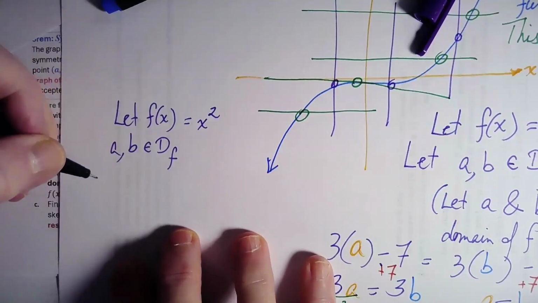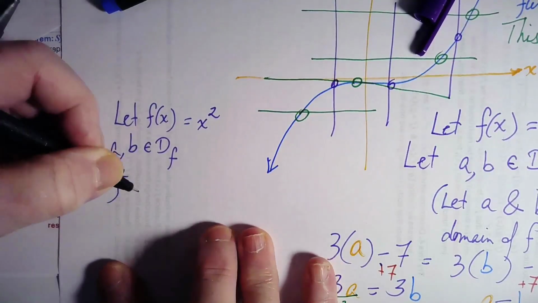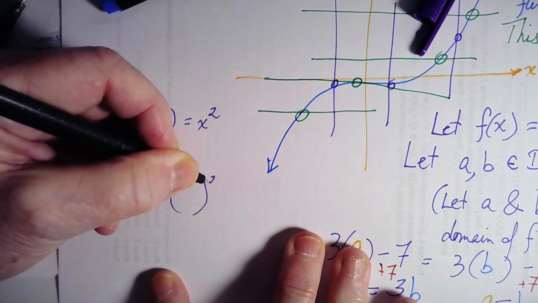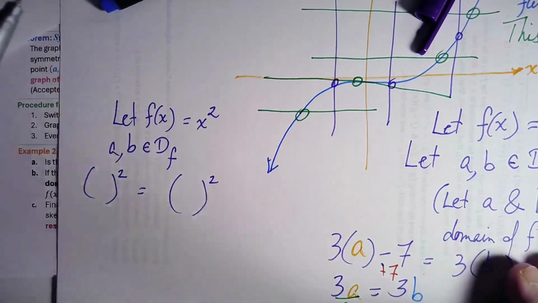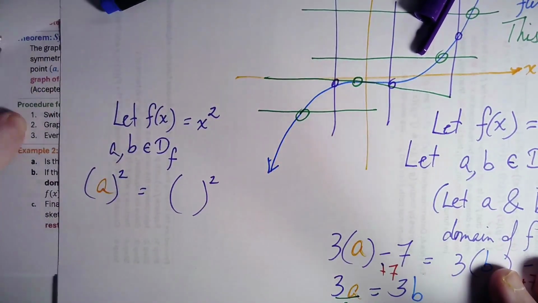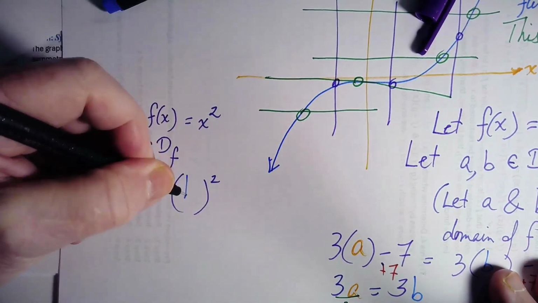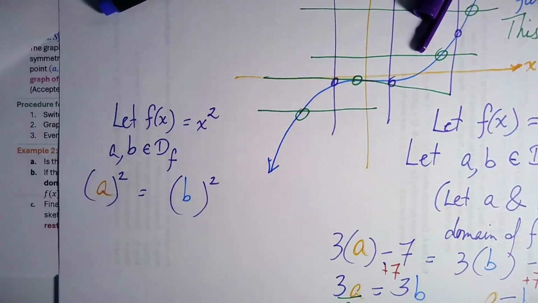So we've got A, B, and they're both squared. What can I do to undo the squaring? Take the square root. Good.